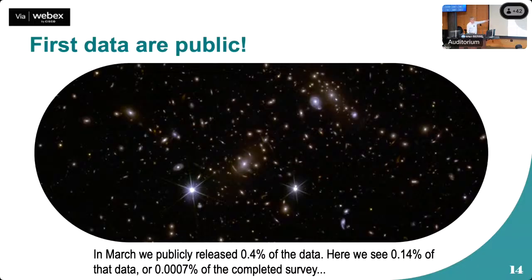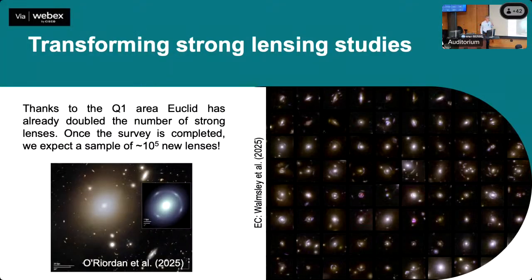And I've picked here already a gravitational lens image, because that is really one of the areas. There's many areas, just like the wide range of science that Roman will do. Euclid is already starting to transform certain areas, low surface brightness studies, but also strong gravitational lenses. In this small area we looked at, we already doubled the number of known strong gravitational lenses.